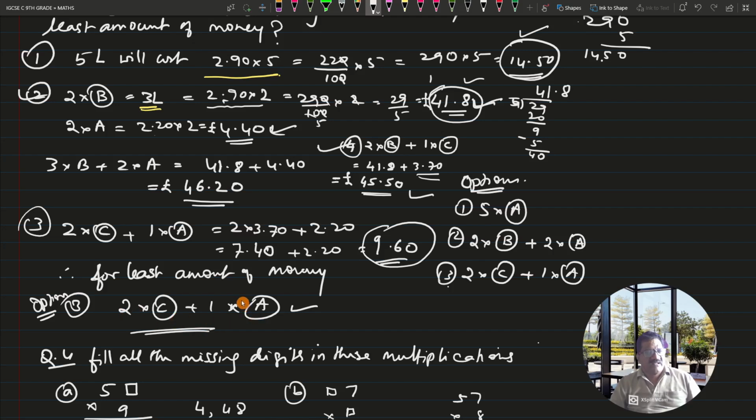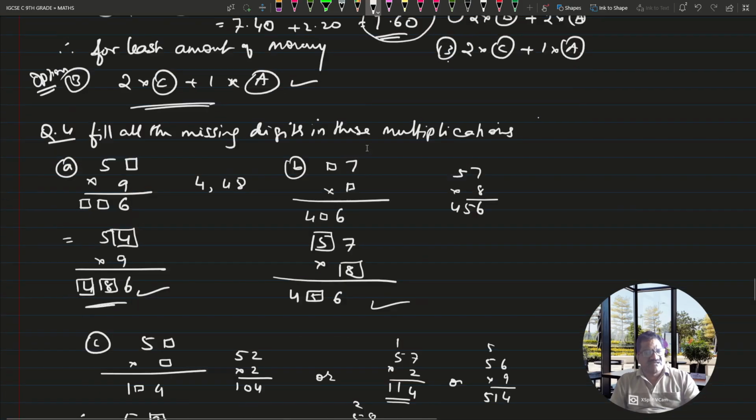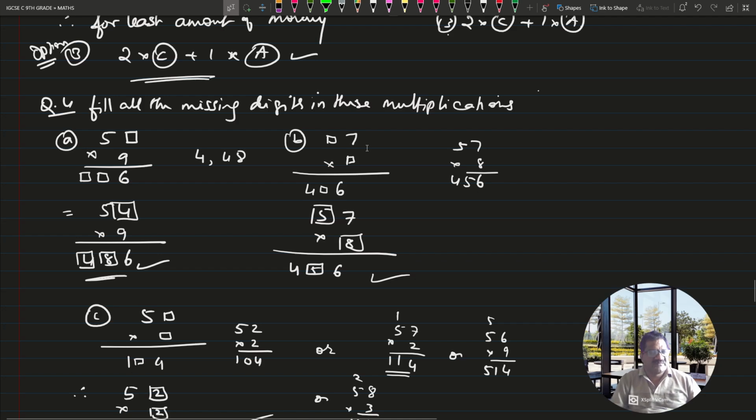Now, next question is you have to fill up the boxes over here. Now this is very simple. You have to fill up the missing numbers. So 5 and then there must be some number over here in the box, multiplied by 9, should give me the answer as something, something, and 6. Now you have to find out this missing value.